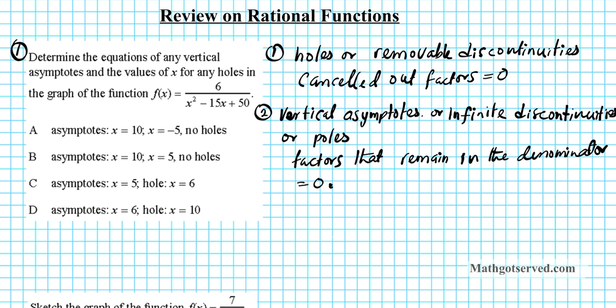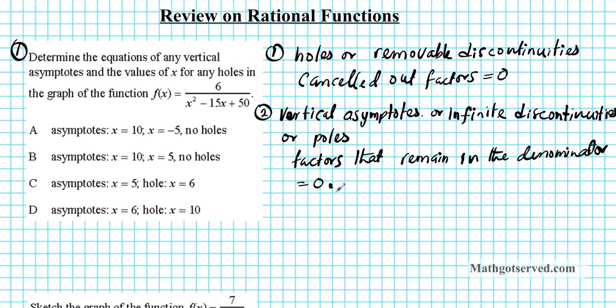So when you're canceling out factors, whatever cancels out, you set it equal to 0 and solve. That tells you your holes, the removable discontinuities. But when you're looking for vertical asymptotes, poles or infinite discontinuities, they all mean the same thing. The factors in the denominator that cannot be canceled out, if you set those to 0 and solve, that will be your vertical asymptotes or infinite discontinuity or poles.